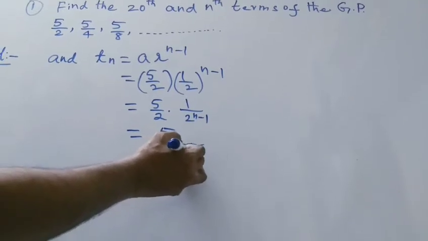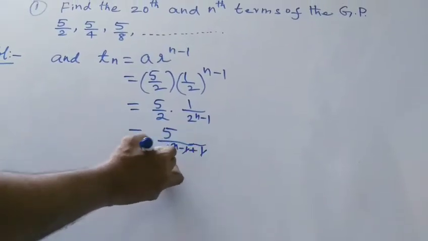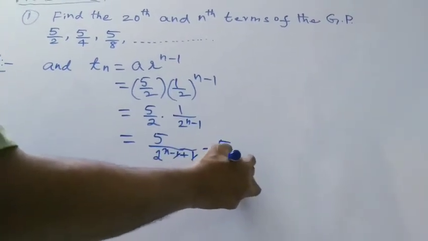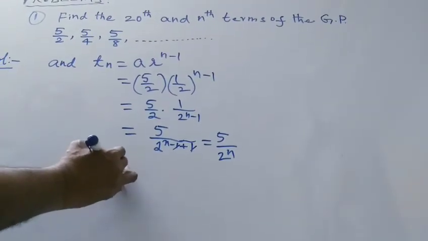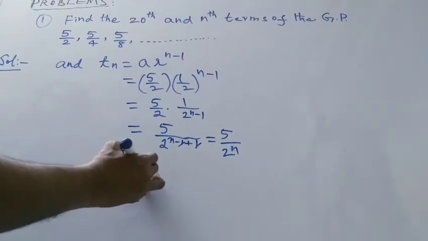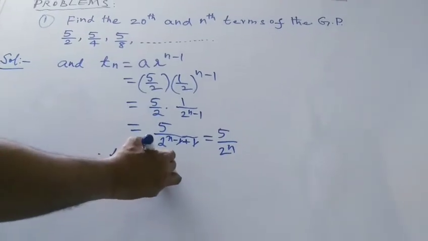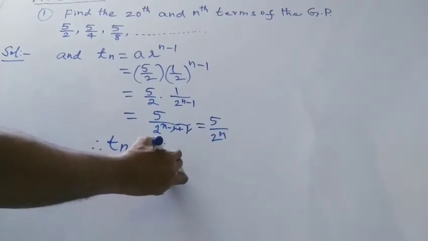Here minus 1 plus 1 cancel, and the remaining is 5 by 2 to the power of n. Therefore, the nth term of the given sequence is Tn is equal to 5 by 2 to the power of n.